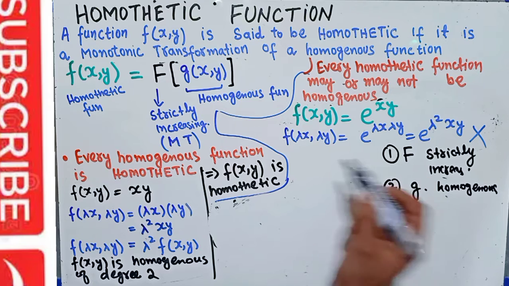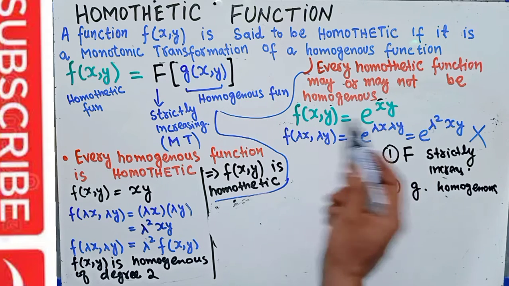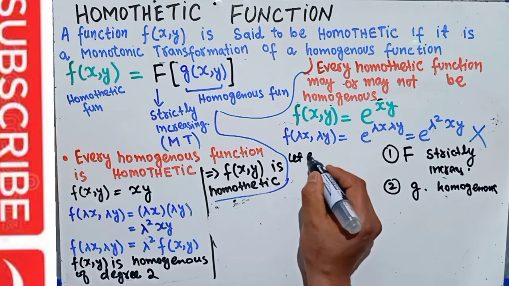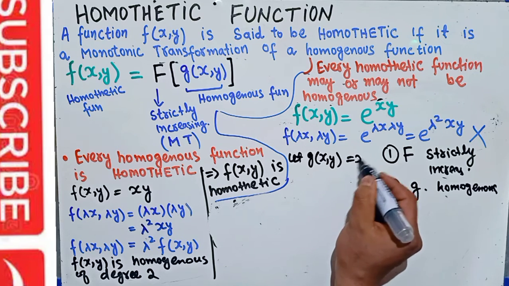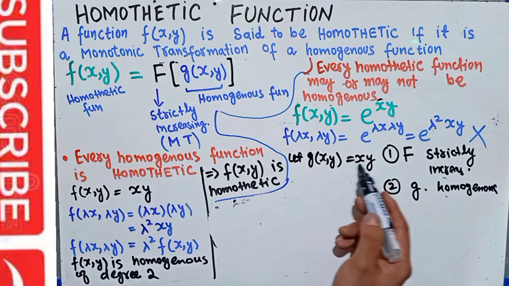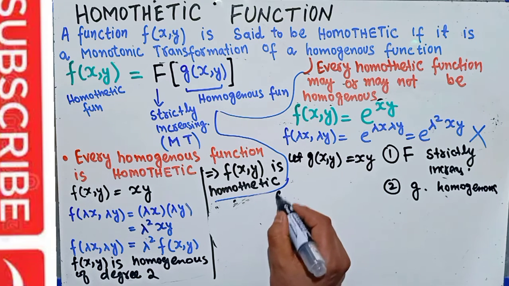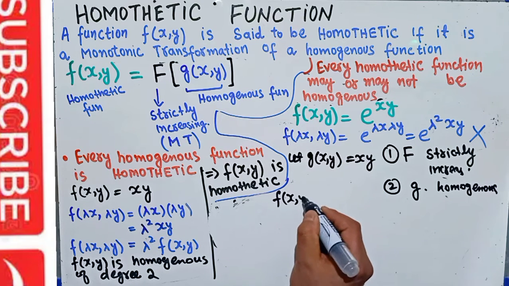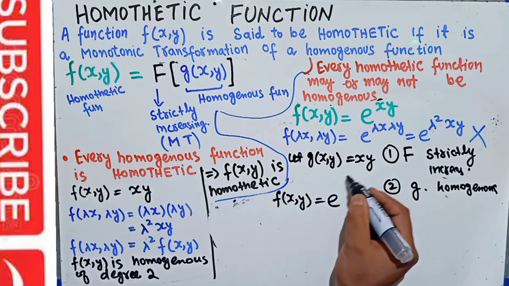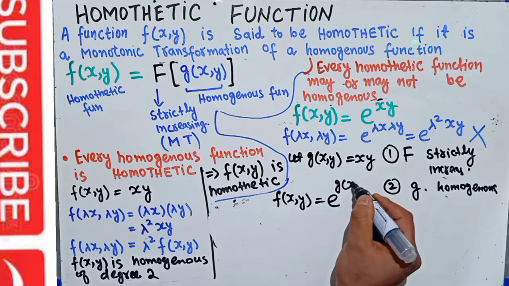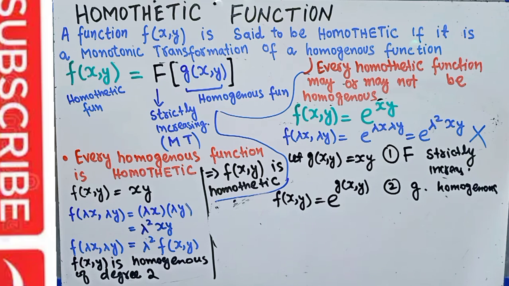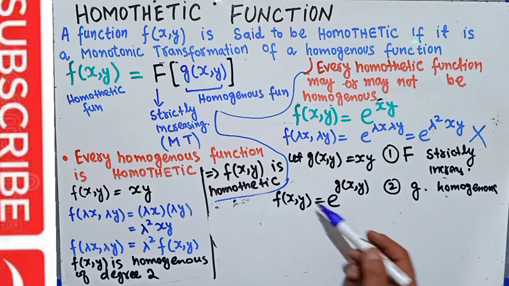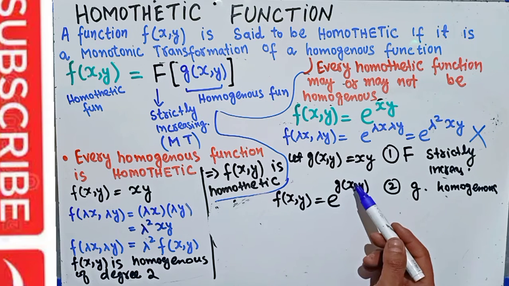Let g of xy be equal to xy. Then can I write this function f of xy is equal to e to the power g of xy? I can write it in this fashion, because xy is a function g of xy.